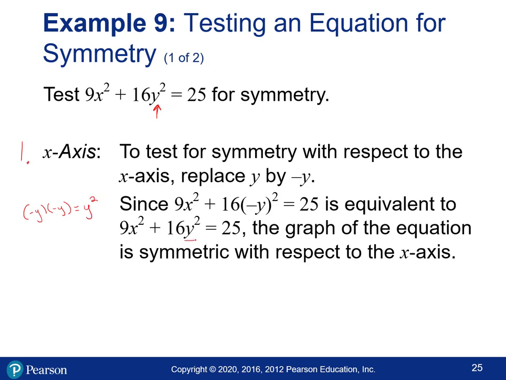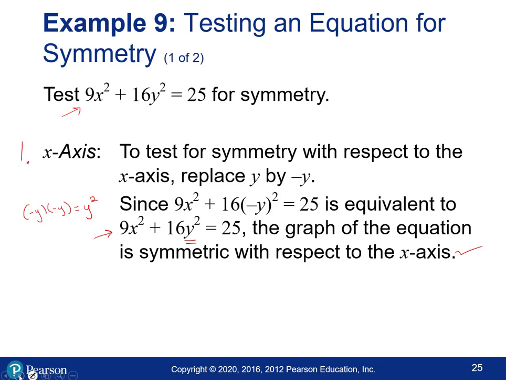So that's exactly why we get right back to the original here. So this equation right here looks exactly like the original equation. Let me clear some of this up real quick. Okay, and then that means that there is in fact symmetry with respect to the x-axis. So this one does have symmetry across the x-axis.